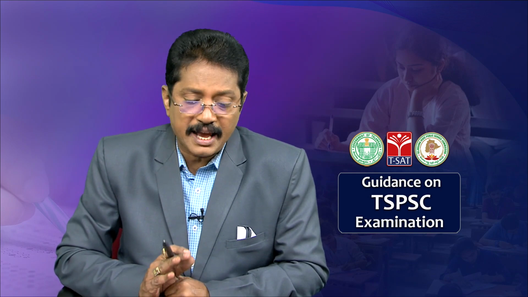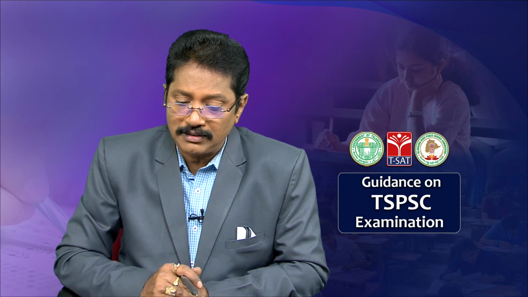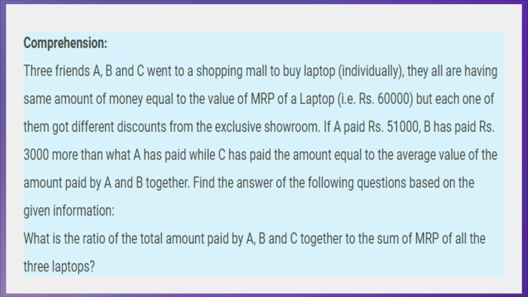Three friends A, B and C went to a shopping mall to buy a laptop individually. All are having the same amount of money, equal to the value of the MRP of the laptop. The MRP of each laptop is 60,000, but each one of them got different discounts from the exclusive showroom, clear.